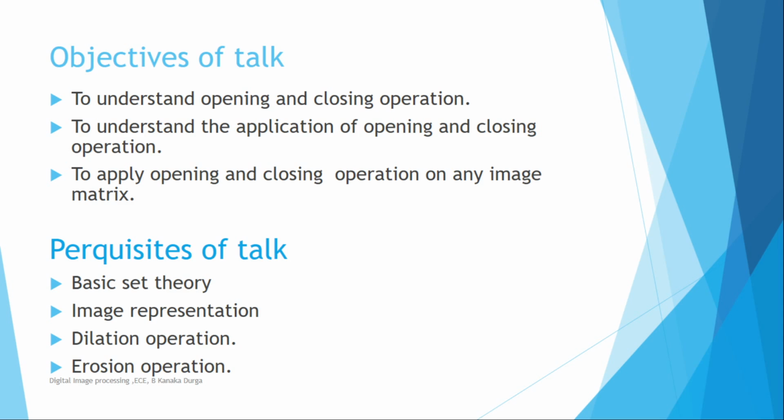Dilation operation is mainly applicable in order to remove the noise of an object, and to increase the size of the object. The erosion concept mainly removes the noise in the background and decreases the size of an object.